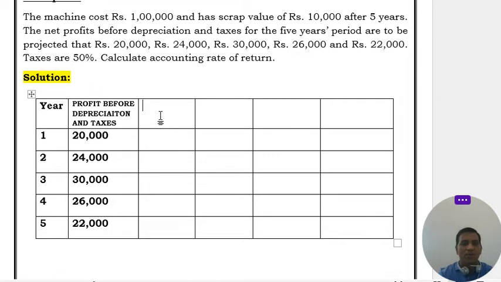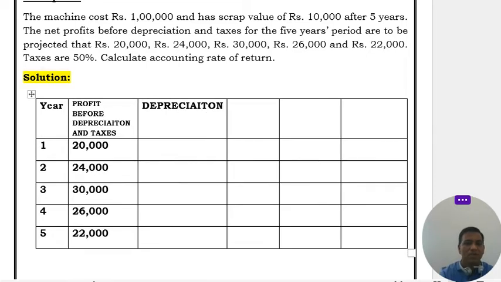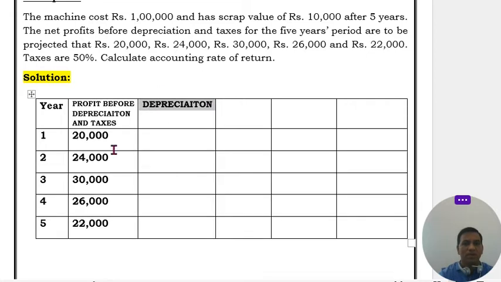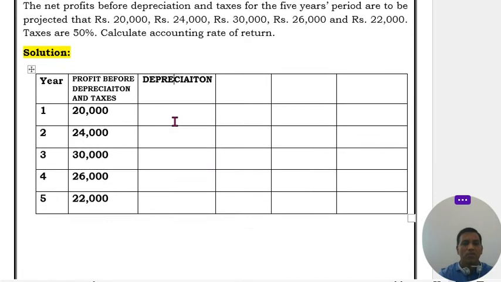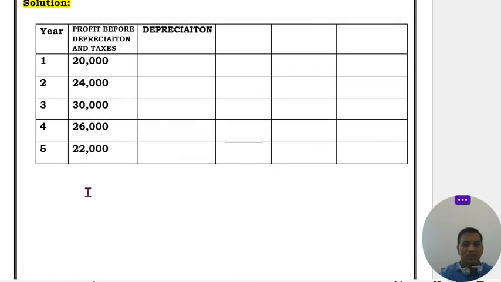Now first you have to subtract depreciation. First we need depreciation. How will we get the depreciation value? So we have to calculate depreciation here.